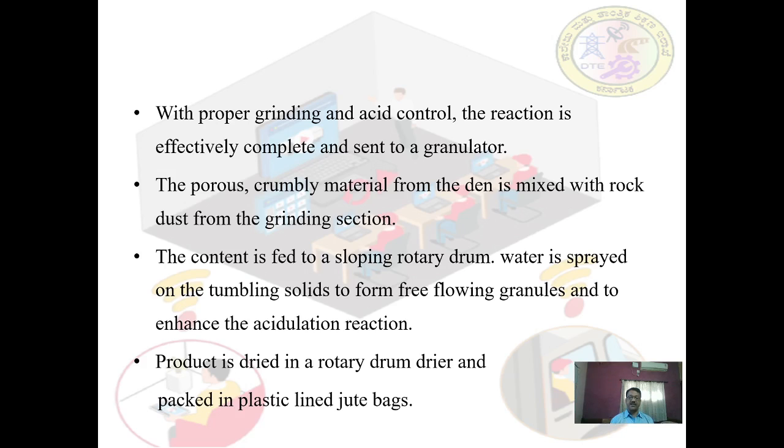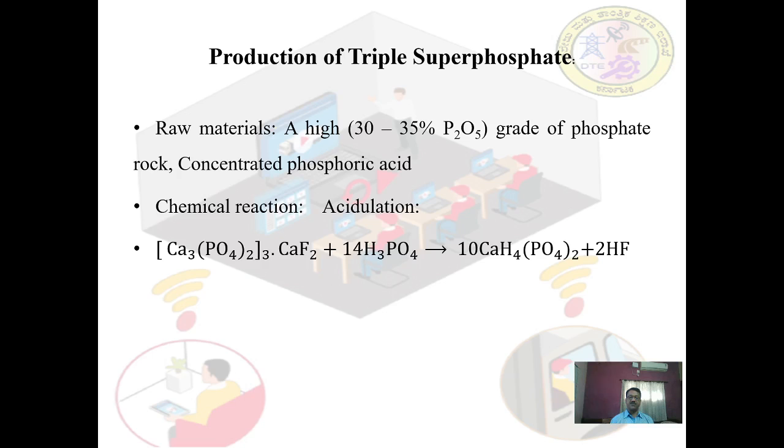The product is dried in a rotary drum dryer and packed in plastic lined jute bags. So this is the process which is taking place in the production of superphosphate.